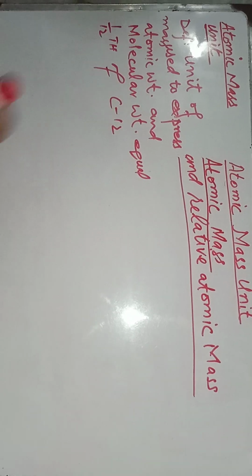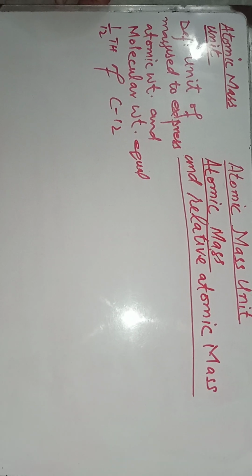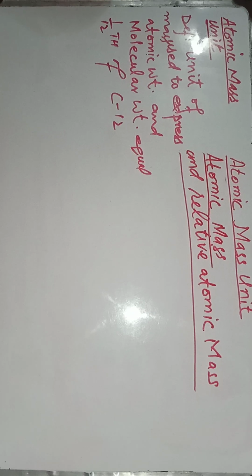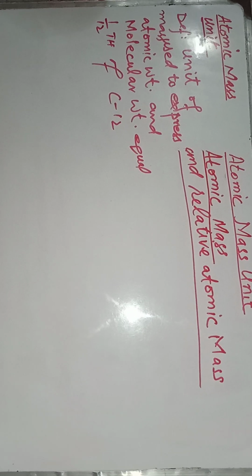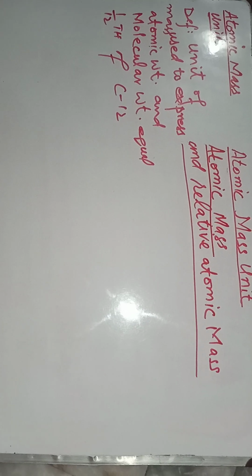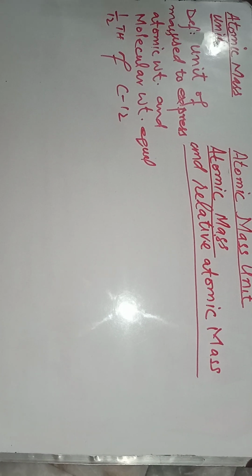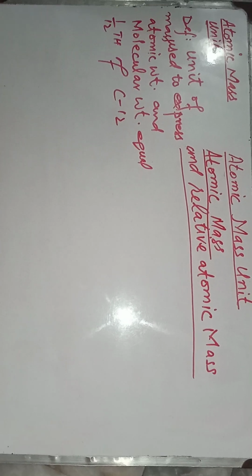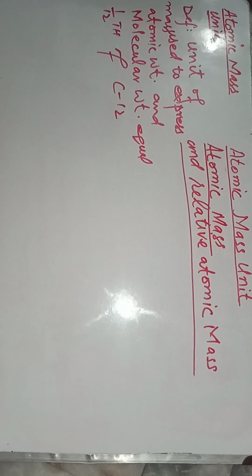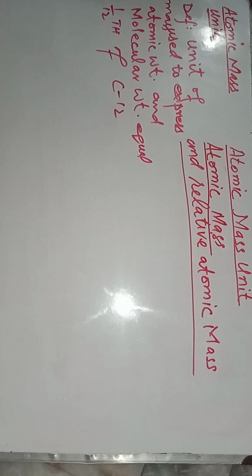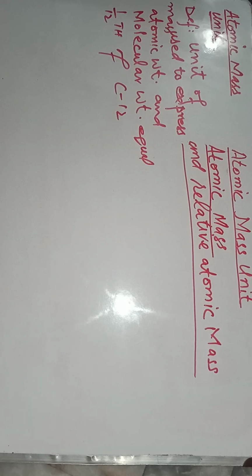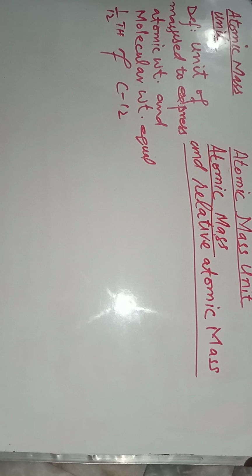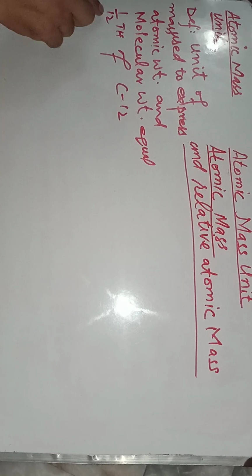Today we are going to discuss atomic mass unit, atomic mass, and the relative atomic mass. The atomic mass unit needs to be understood. Actually, it is used to determine the relative atomic mass, and the relative atomic mass is the comparison of the mass of an atom to the 12th of carbon 12.